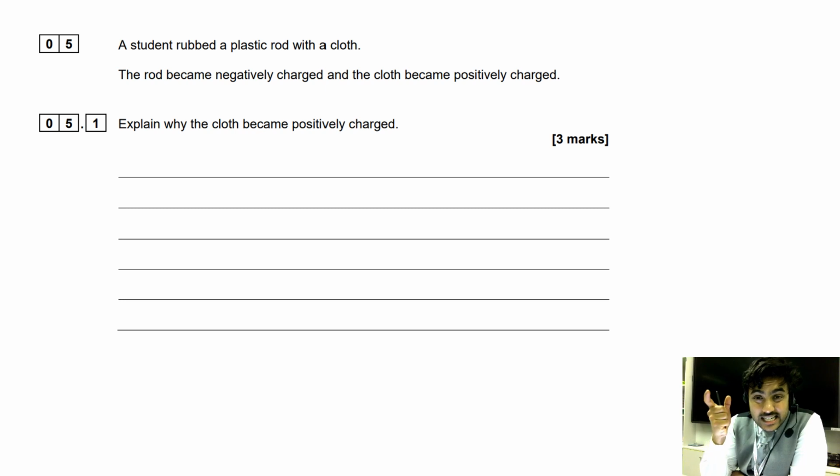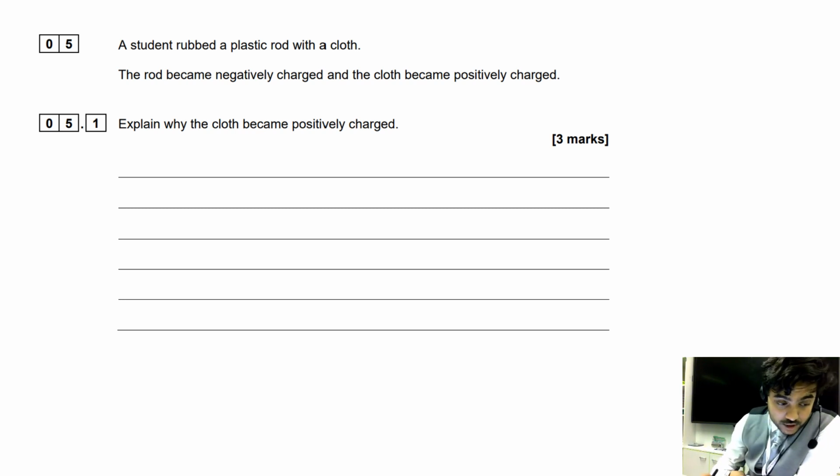And electrons are negatively charged. Whichever one that you take the electrons off of, that remains with more positive charges than negative charges. And that's the cloth. In this scenario, the cloth remains with more positive charges than the negative electrons that you rubbed off it.